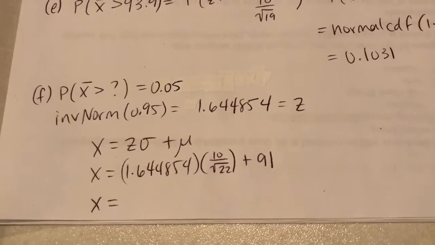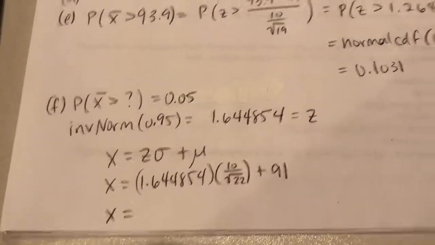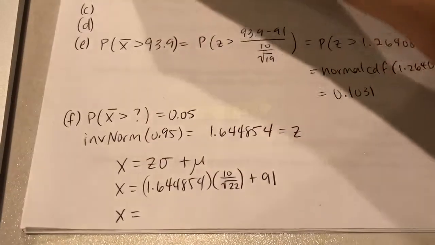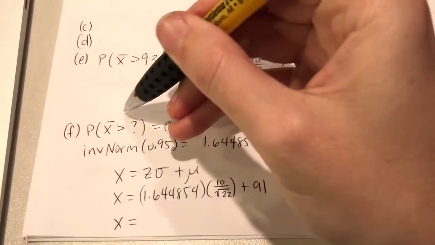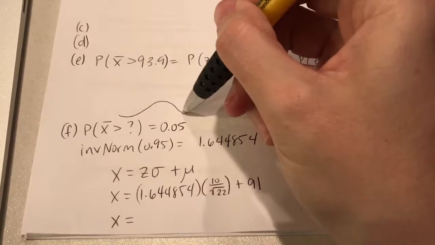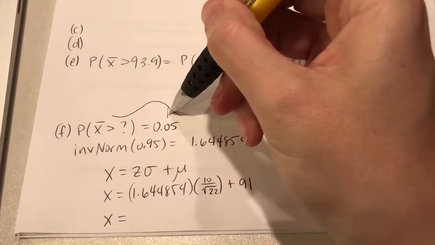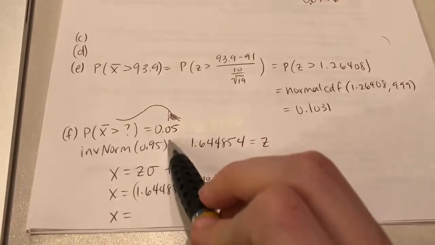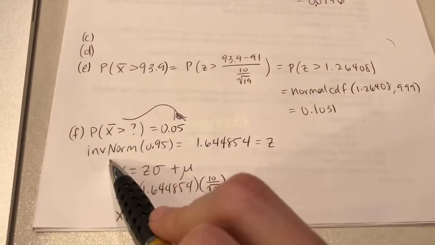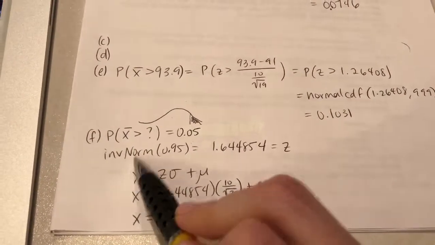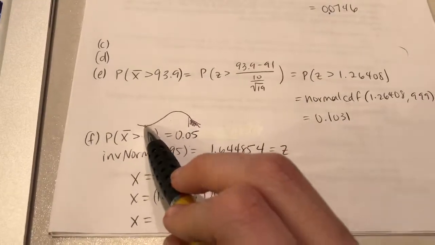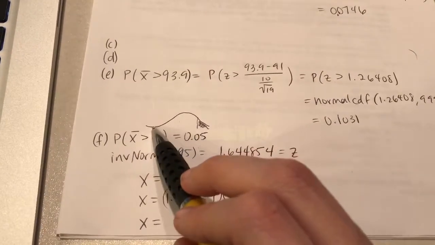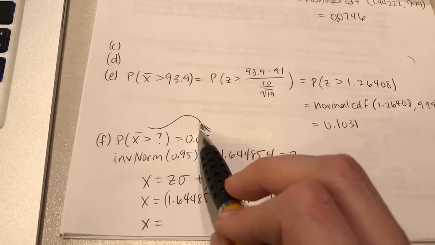So because we want to be greater than 0.05, that is this tiny little area over here in the z-curve. But when we are given the area, we have to use inverse normal. And inverse normal only gives us the amount to the left of the indicated value.